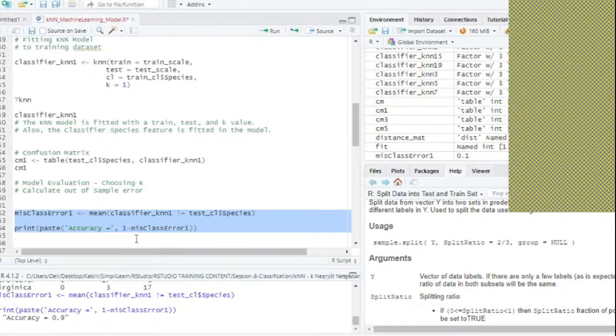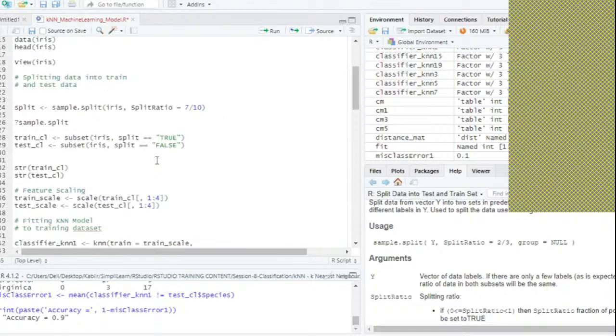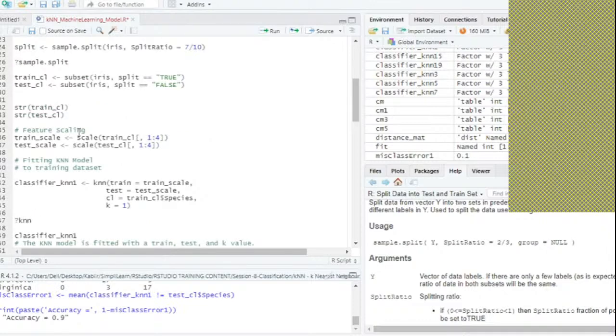It could be slightly different because we have not used set seed in sample. So you might have a different accuracy, all of you, right?